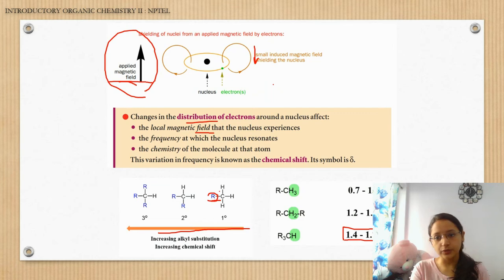These chemical shift values are represented in delta ppm, that is, parts per million. That is how the distribution of electrons changes the resonant frequency of the nucleus.